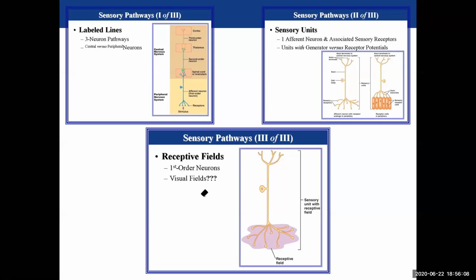Now, what is important for the receptive field is this is the entire surface area of the skin, for example, right? So if you have a stimulus here, and a stimulus here, and a stimulus here, right? Even though the three stimuli come from three different areas on the surface of your skin, your brain will not be able to distinguish them as three different stimuli coming from three different areas in your skin.